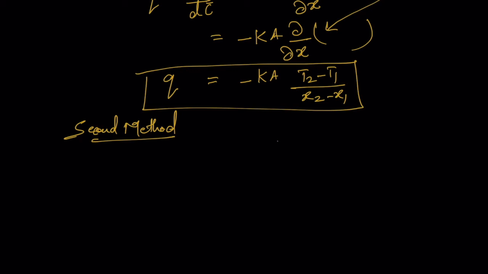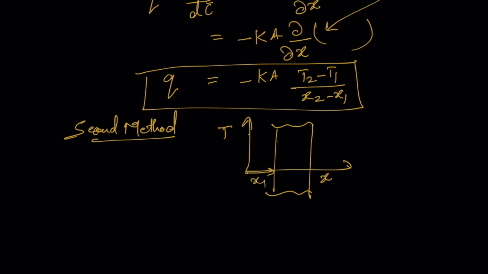Second method was, so this was your temperature, this is x, this was x1, and this was x2. So let's take a small width here. Okay, let me use a different color. Small width of dx. Okay, so we need to write a heat transfer equation through this width.